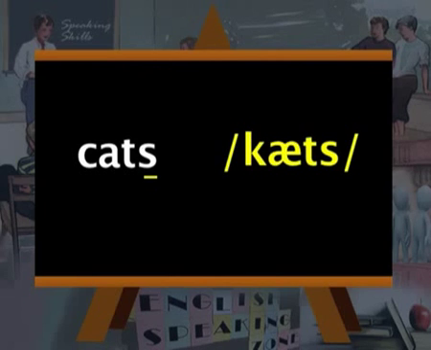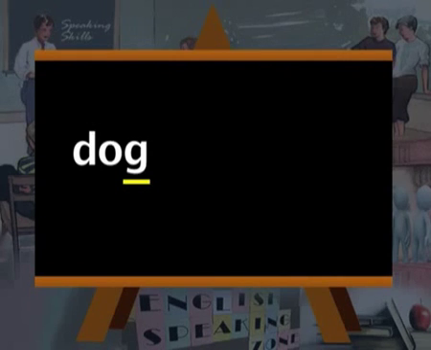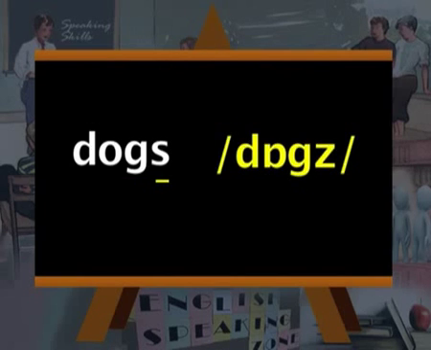So it is cats. But if you have a voiced sound, as in this case dog, g is a voiced sound, and therefore the plural form takes a z sound. Therefore it is dogz. Look at that. It is not dogs with an s, but dogz. The voicing should be there.